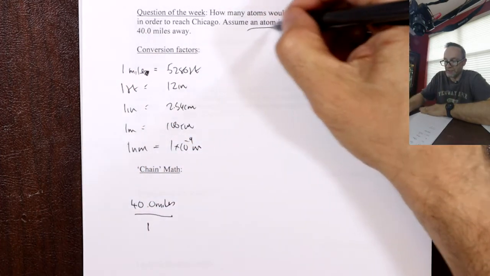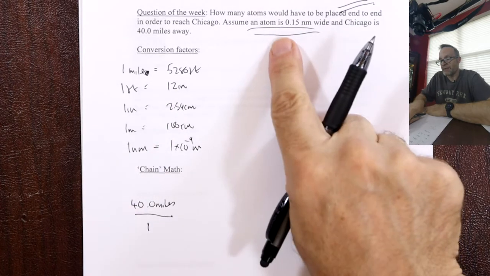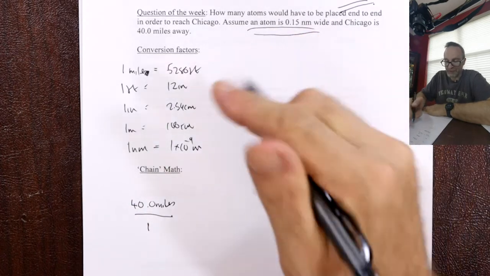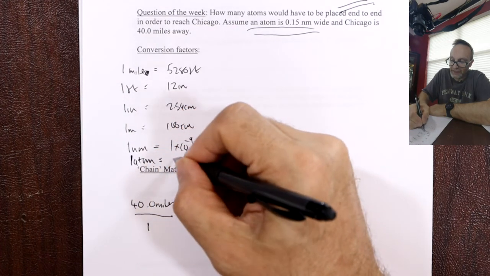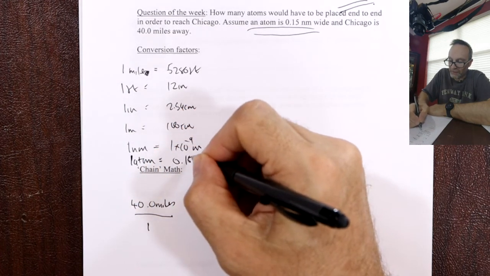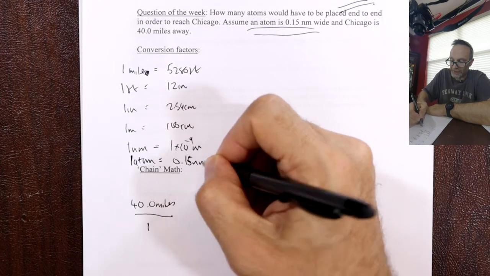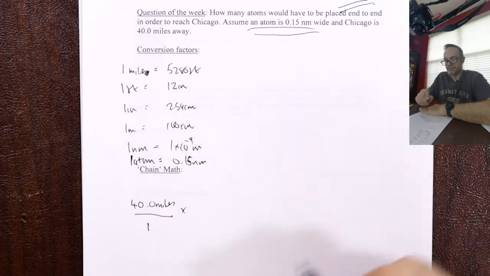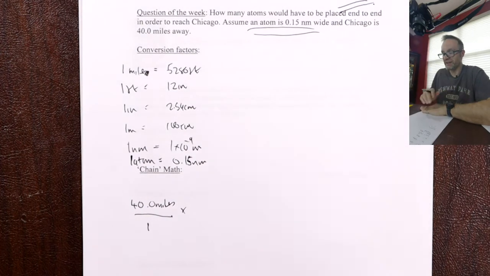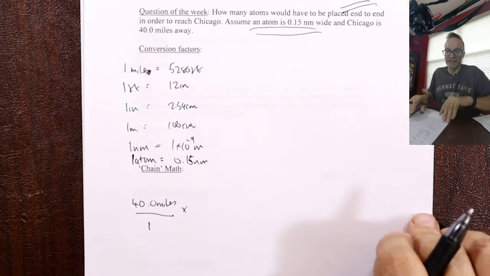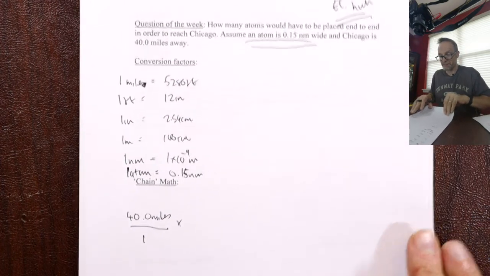And the last conversion factor is weird: an atom's width is 0.15 nanometers. So 1 atom equals 0.15 nanometers, and I can work out the number of atoms at the end of the day. So put all those in the chain. It's going to be a lot of atoms from here to Chicago. If you give me that by, let's just say, Tuesday night, we'll give you some extra credit.